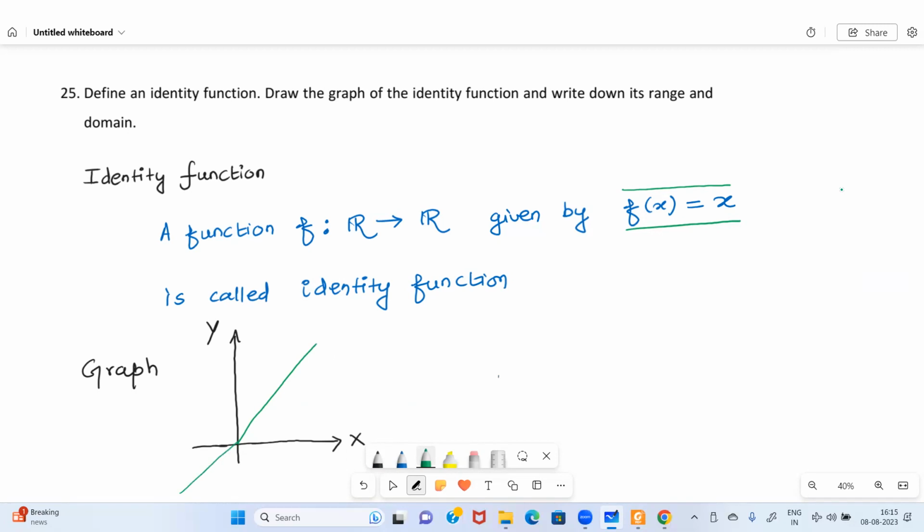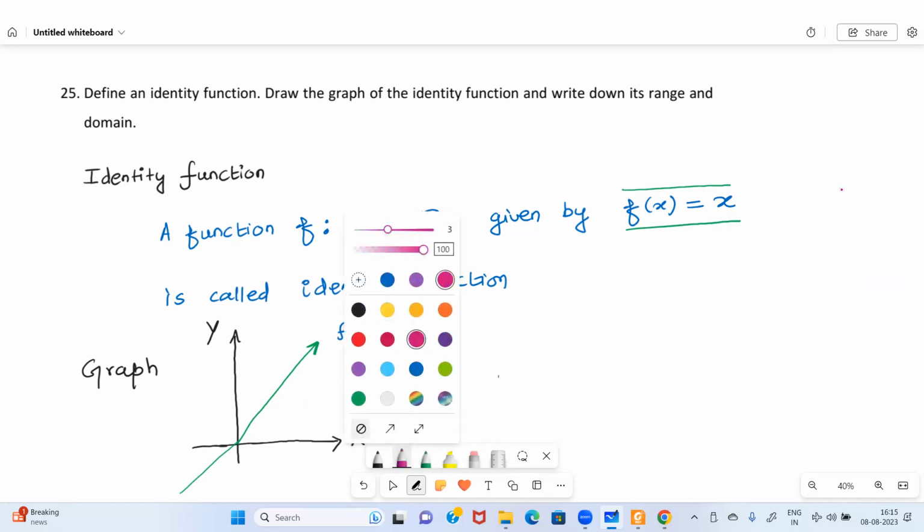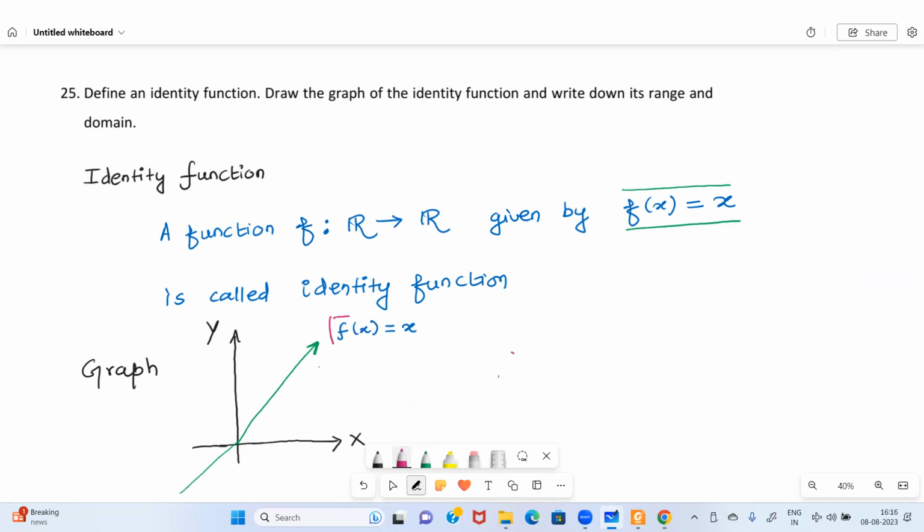In fact, it makes an angle of 45 degrees with the positive x-axis, correct? It is the line y = x, or f(x) = x. Whatever is the value of x, that will be the value of y also. (1, 1), (2, 2), (0.5, 0.5), (√2, √2). All these are going to be points on this line.